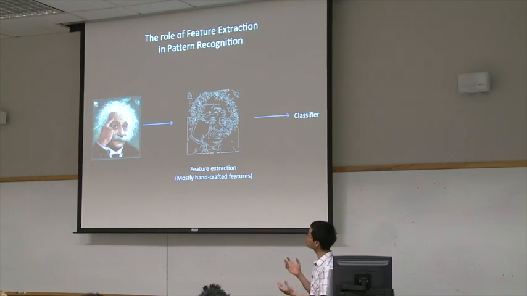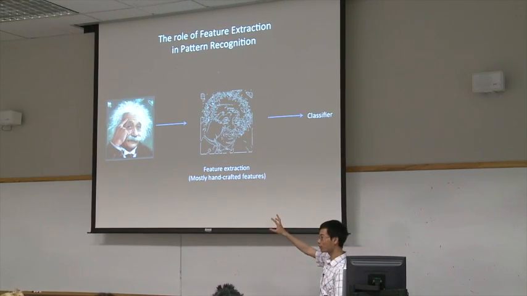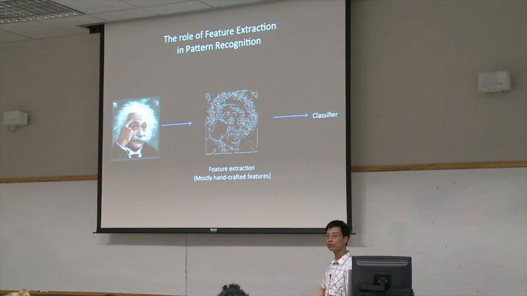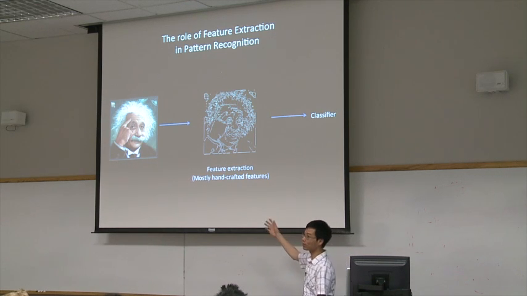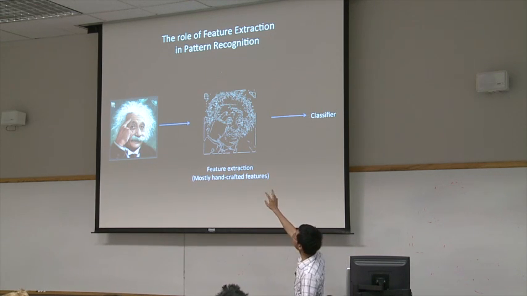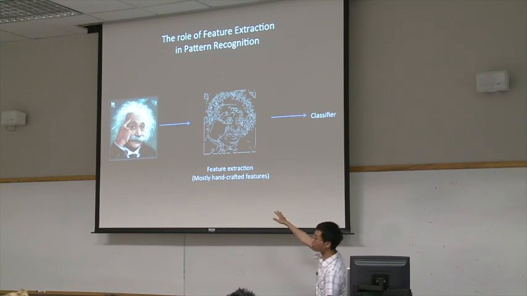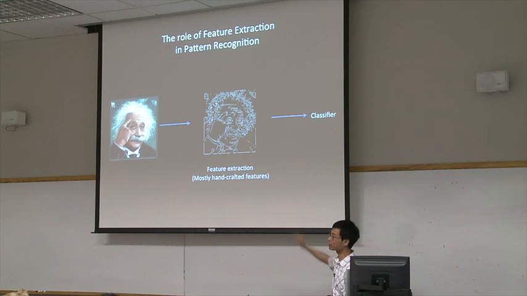A standard procedure is to take some feature extraction method. For example, you run some edge detection, which is oversimplified, and get the features. Then, given the feature representation, which are the edges in the image, you run some classifier.